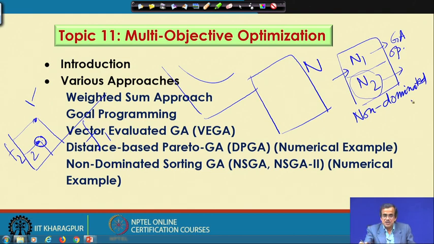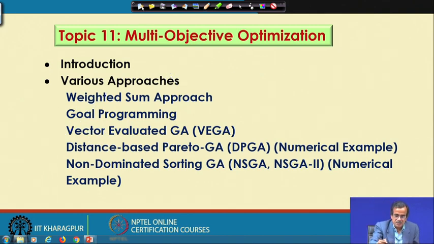As the iteration proceeds, the number of non-dominated solutions increases and we need more memory to store them, and the GA will become slower and slower. And that is why this DPGA could not achieve much popularity.